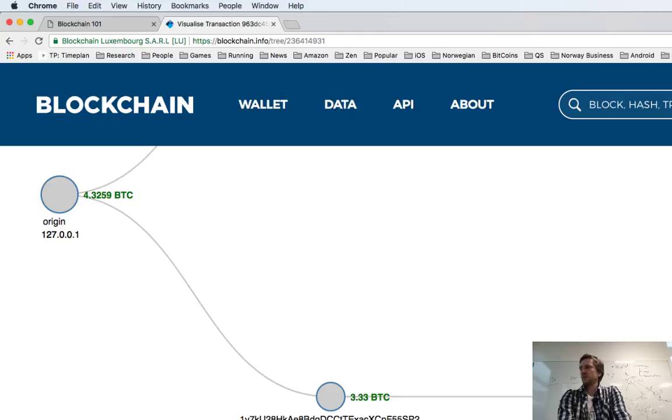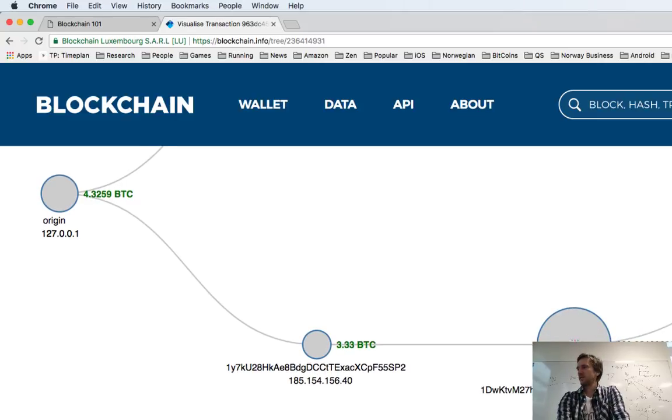So, you know, it's very easy to see, okay, that 209 coins belong to one person because it's in the same address. You have to have one private key, right? Usually it's just one person controlling that.